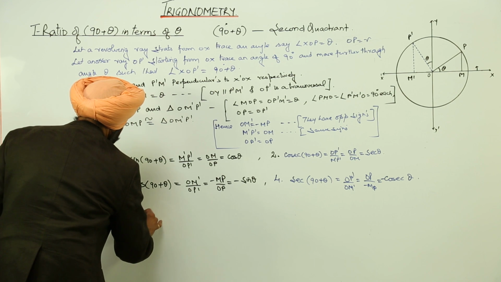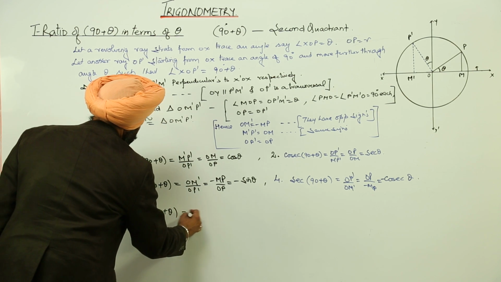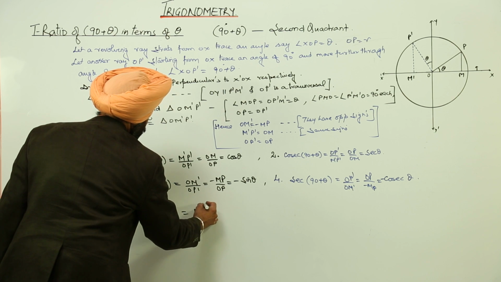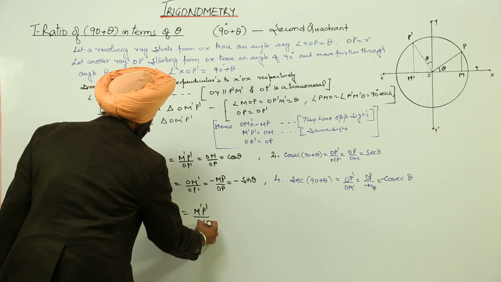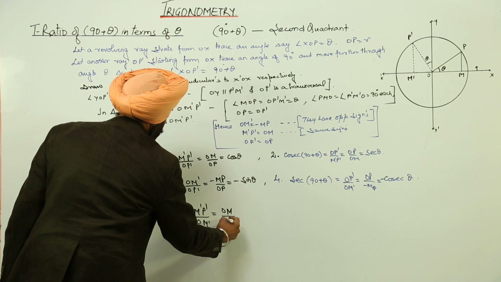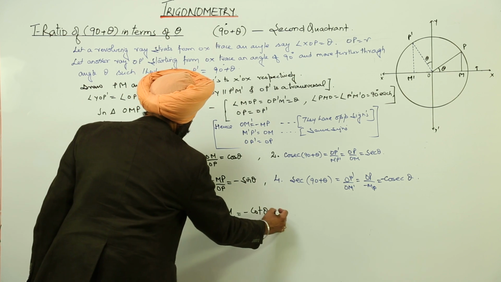Number 5, tan 90 plus theta. Now tan 90 plus theta will be M dash P dash upon OM dash. Now this is equal to OM upon negative of MP, which is equal to negative of cot theta.